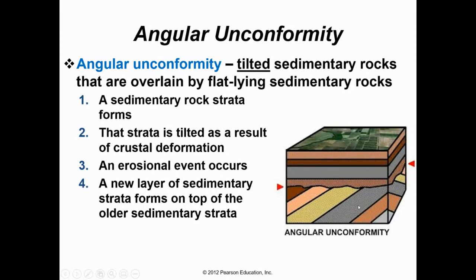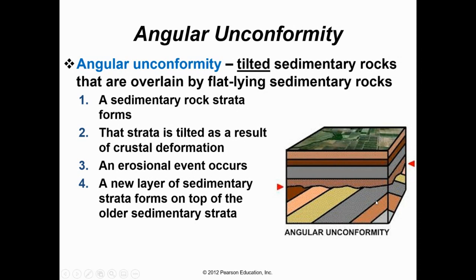Now, what's also critically important here is to understand that this erosional surface, which in this case is called the angular unconformity, is called that because it's an erosional surface that separates angular, essentially not flat, basically tilted layers from a flat lying layer above.